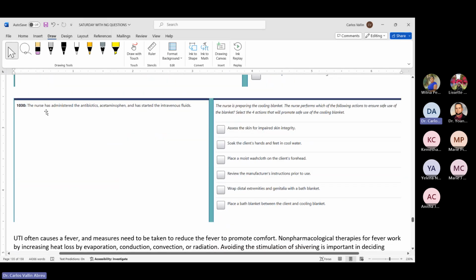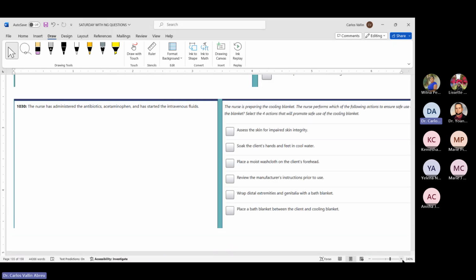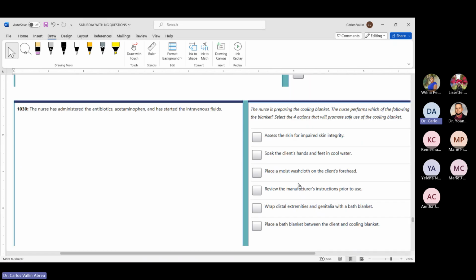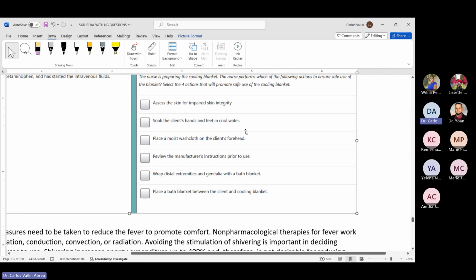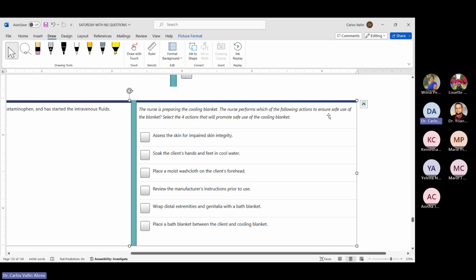Another question. The nurse has administered the antibiotics and acetaminophen, and has started IV fluids. The nurse is preparing a cooling blanket. The nurse performed which of the following actions to ensure a safe use of the blanket? Select 4 actions.